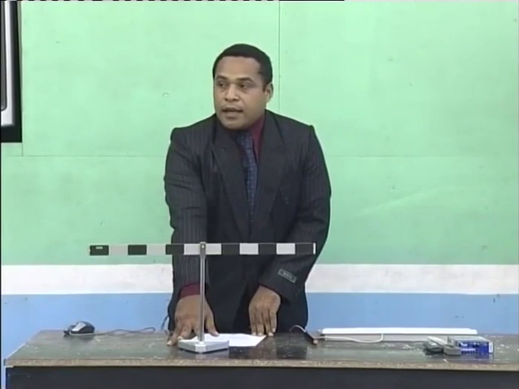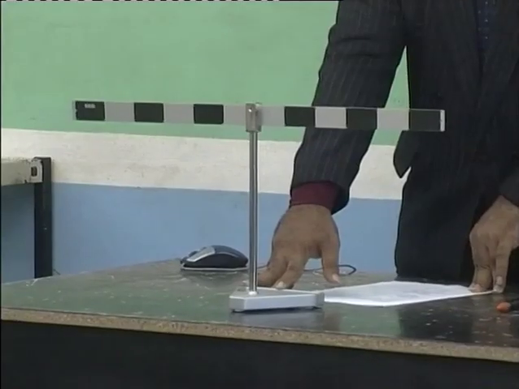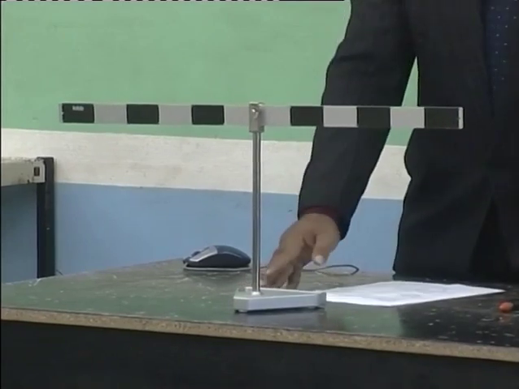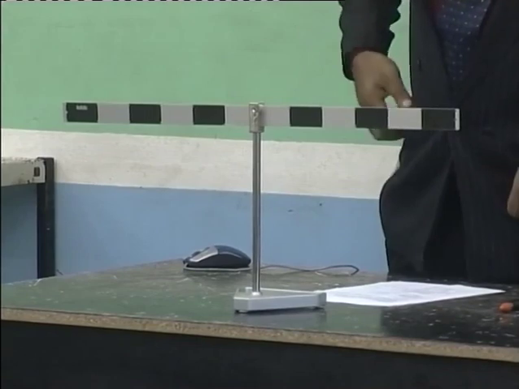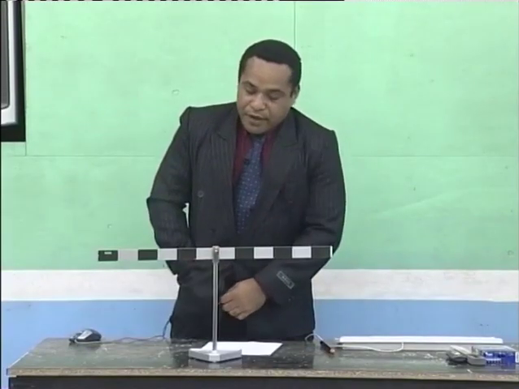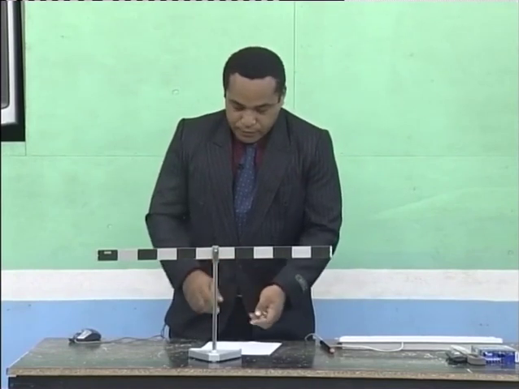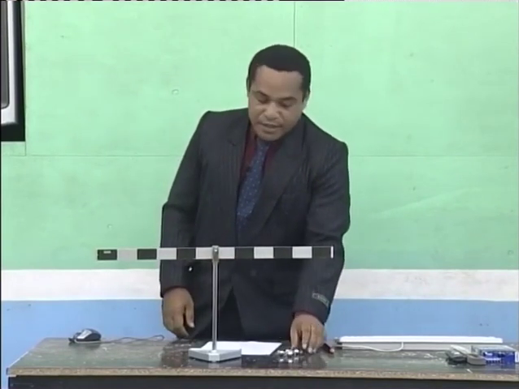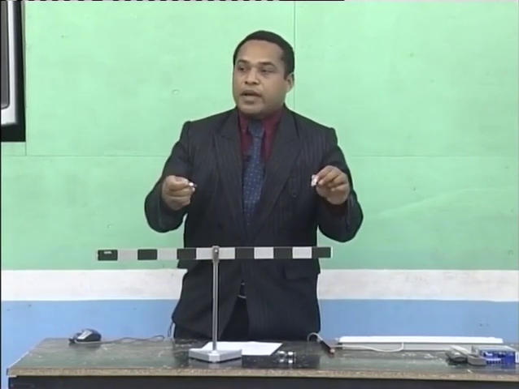This instrument here is called a beam balance. Okay, I want you to watch very carefully, receiving students and 6C. I have some weights here. Okay, these are called weights.